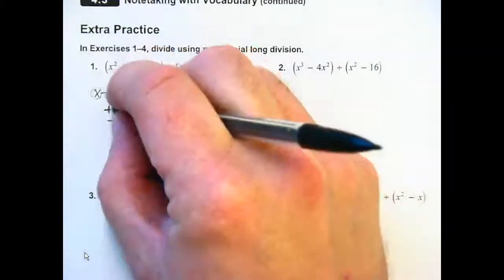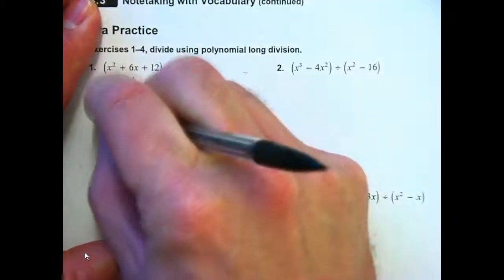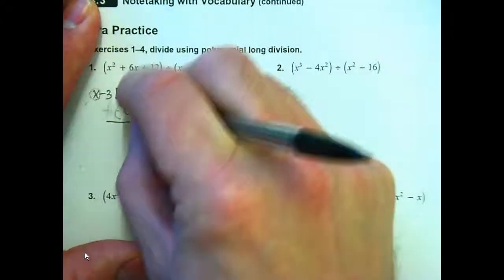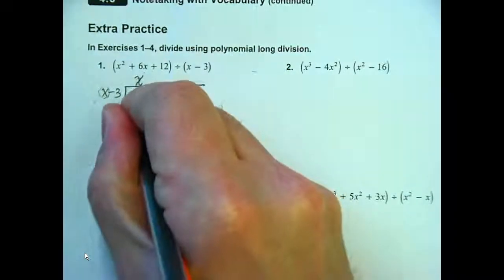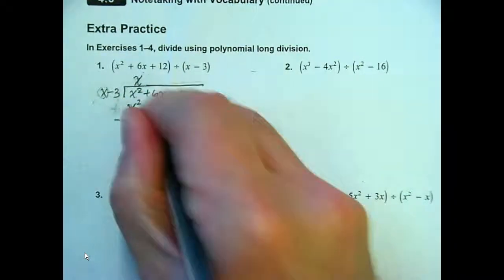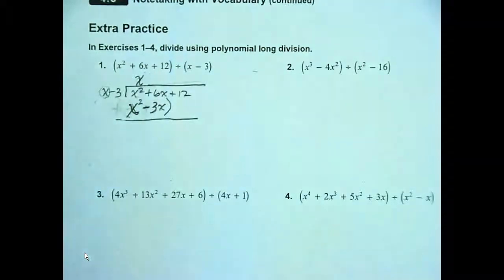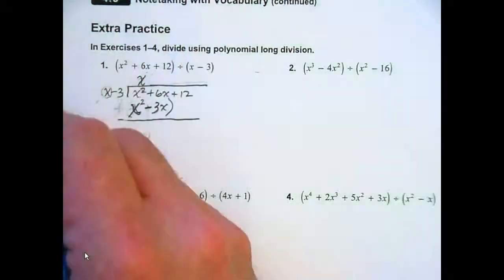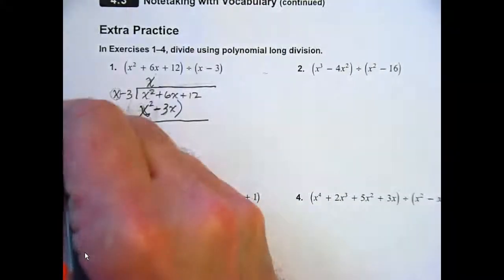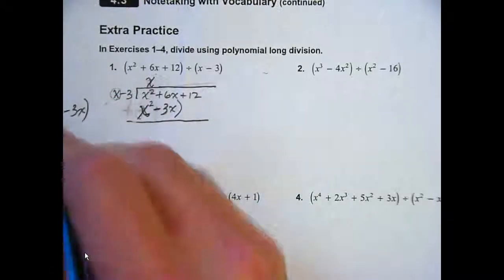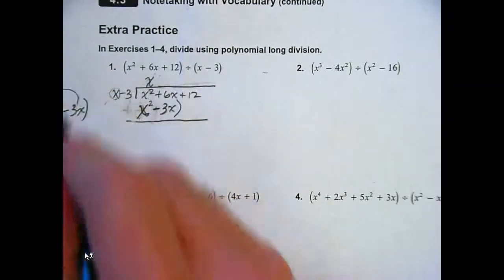Okay? So let me show that just once again so everyone's clear. When you multiplied, you ended up with that. When you subtract, like if I have x squared minus 3x, it's like distributing negative 1. It flips those signs.